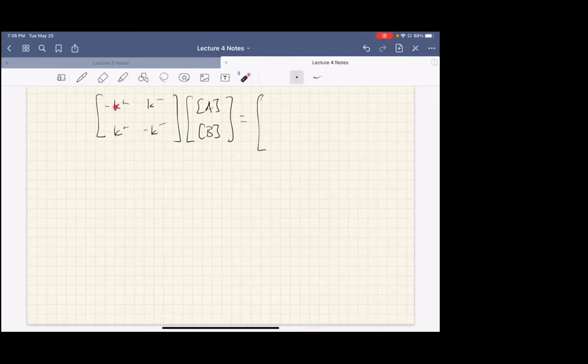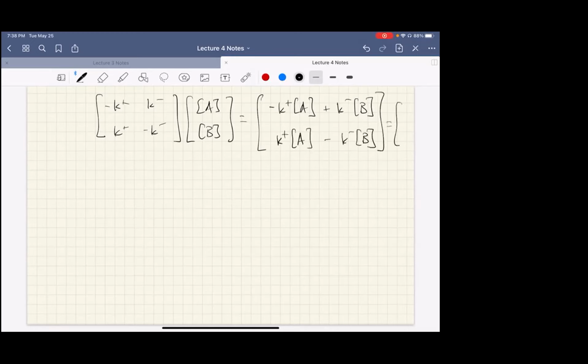So top row times the column, we get negative k plus concentration of A plus k minus concentration of B. And then this times that, k plus concentration of A minus k minus concentration of B. And that has to equal 0, 0.